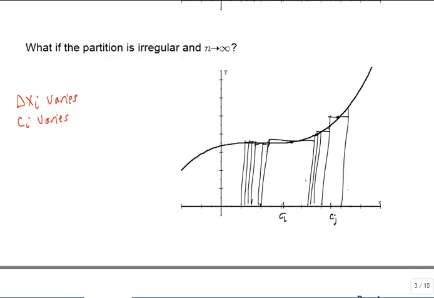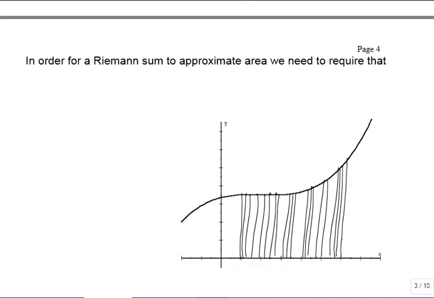So we're going to need to make a restriction and require that if we're going to have a Riemann sum where the rectangles vary and the inputs vary, we need to make sure that we don't get stuck with a really large rectangle, which is going to cause some inaccuracies. So this is what we do to avoid that.